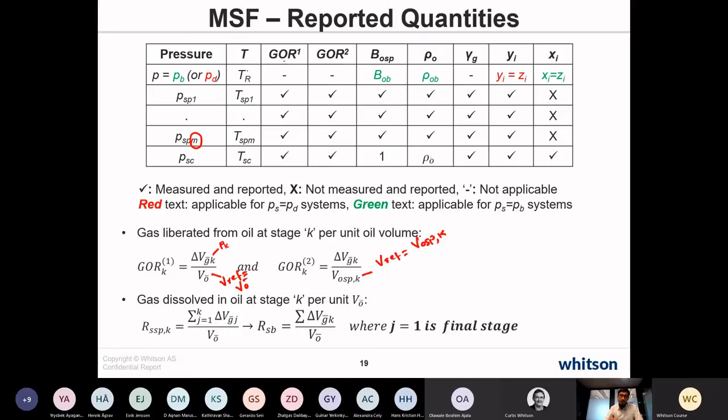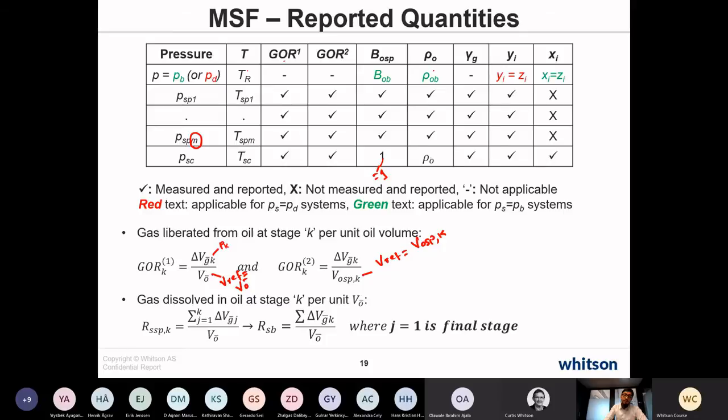And then this BO is just the oil volume at the separator conditions divided by the stock tank oil volume. That's why here it is equal to 1, because the oil volume is equal to the stock tank oil volume. Then we have the densities of the oil phase. Here it will be the bubble point oil density.